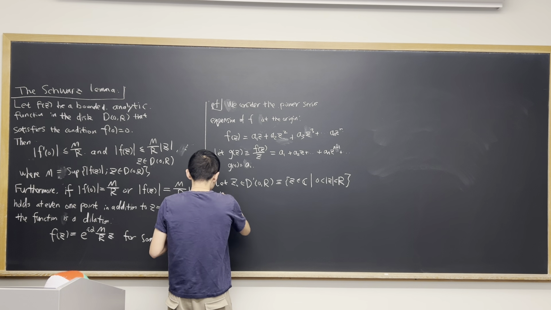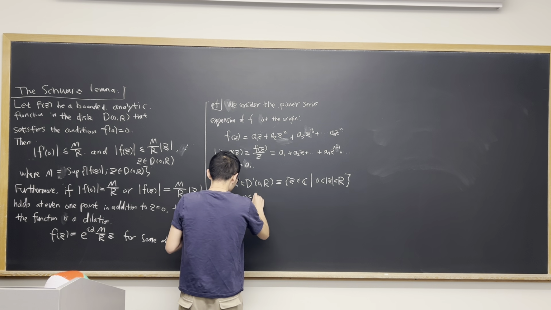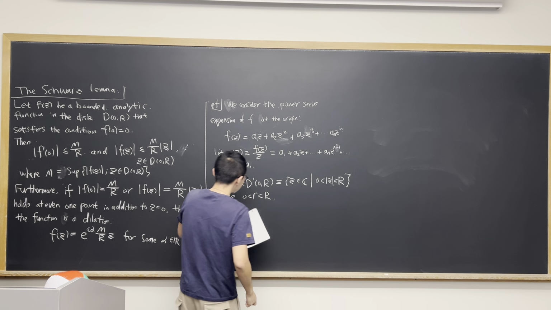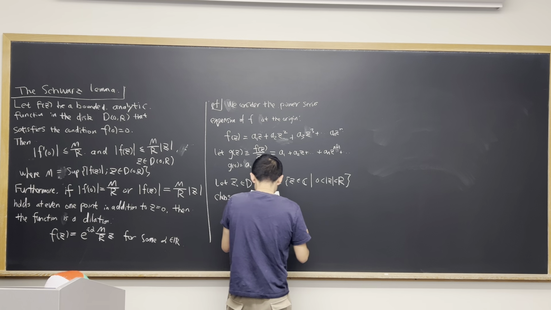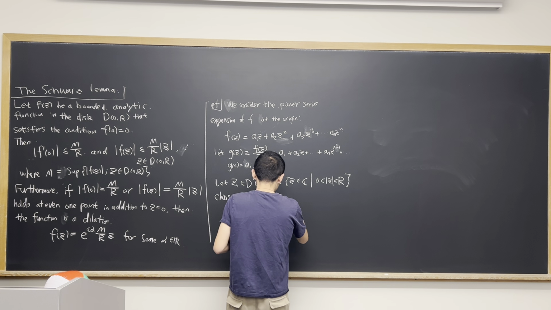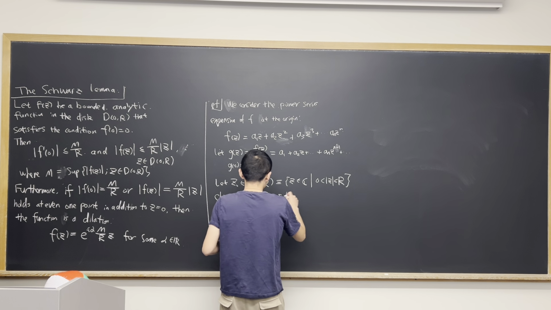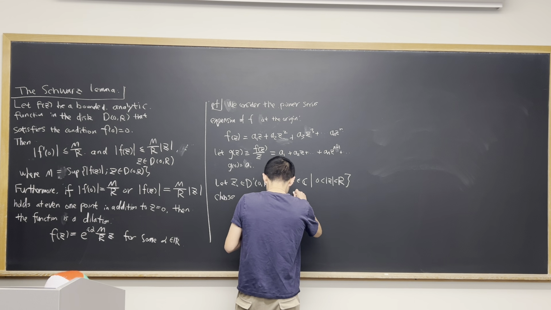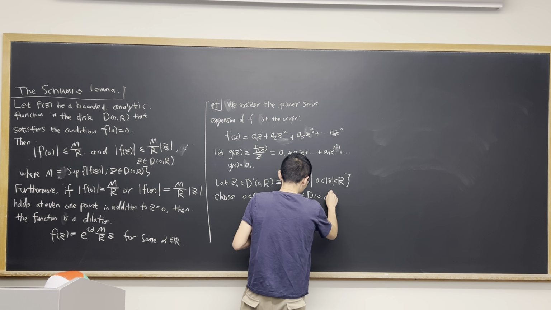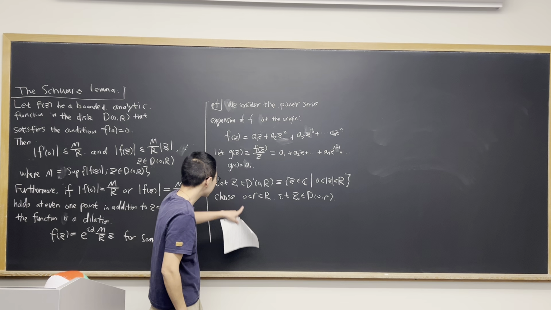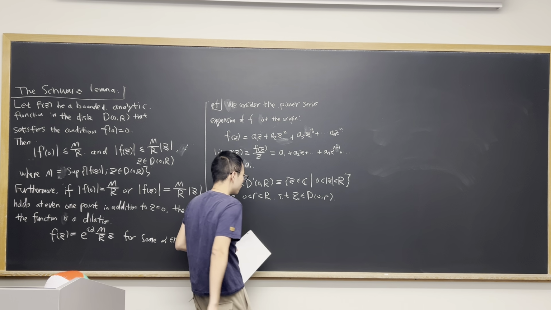Then choose a smaller radius r such that this z naught is in D of 0, r. So pick a radius such that this point is contained in the disk with radius r.